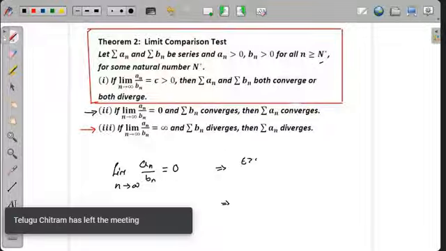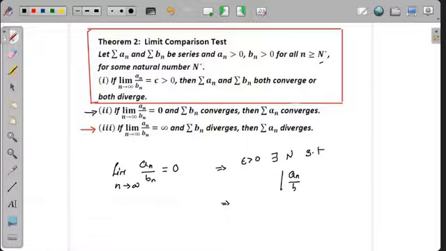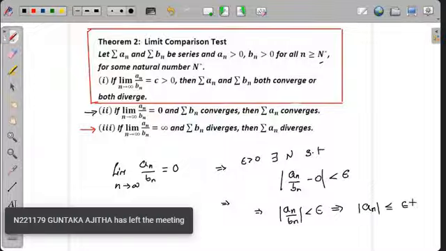Given an epsilon greater than 0, we know that there exists an N such that the distance between the sequence and the limit becomes less than epsilon, right? So this implies the absolute value of an over bn is less than epsilon. So this implies modulus of an is less than or equal to epsilon times modulus of bn.